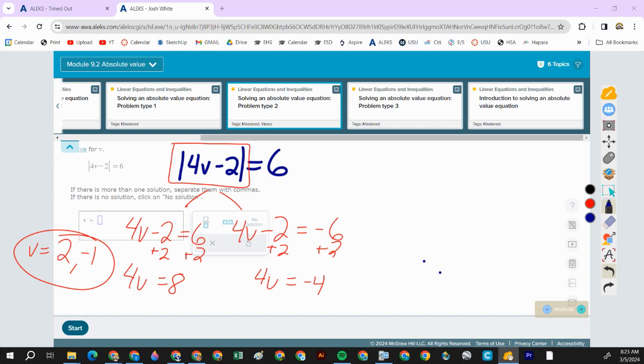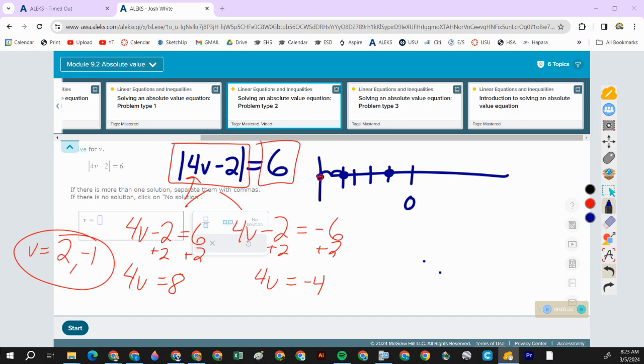And if we look at that on the number line, so negative 1, if we start here, negative 1 times 4 is negative 4, minus 2, so we move down 2. Is that number 6 units away from 0?